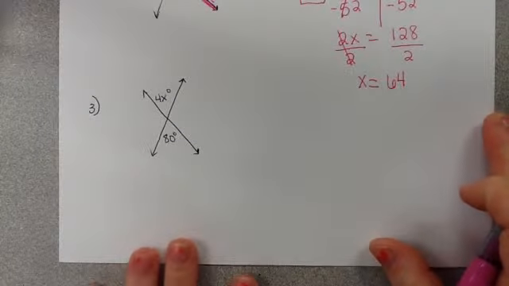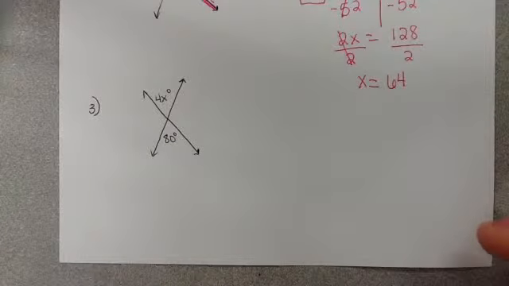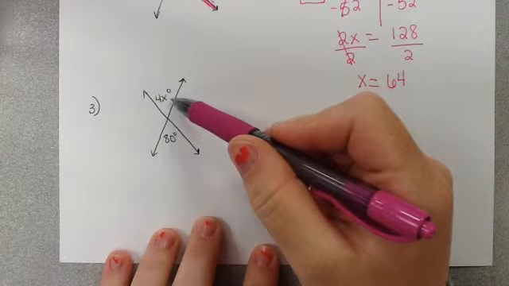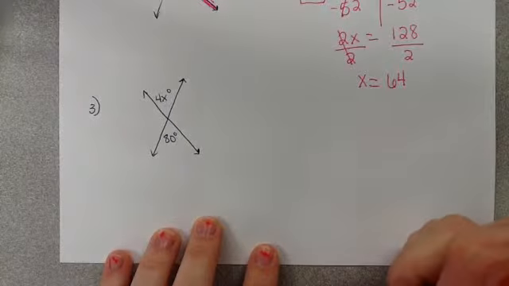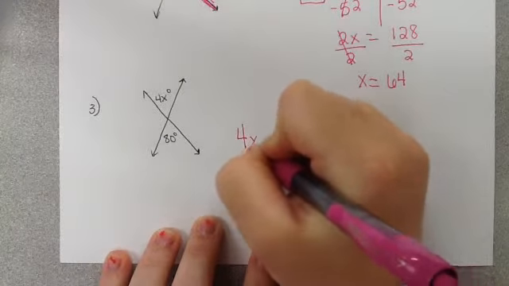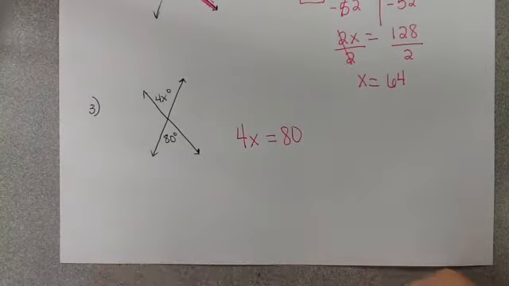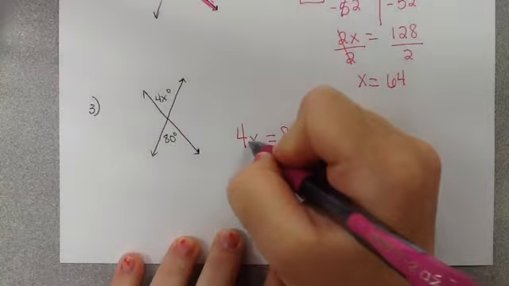Go ahead and solve this one on your own. Find the value of x. Let's see how you did. What type of angles are these? Vertical. They're across from each other. What do you know about vertical angles? They're equal. So I can make them equal to each other. This is 4 times x.